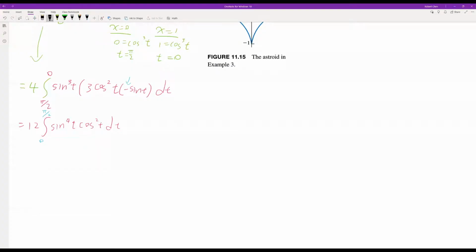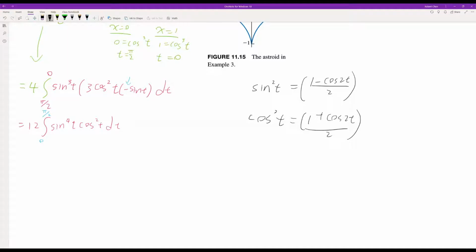So the double angle formulas we're going to use are: sine square is equal to 1 minus cosine 2t over 2, and cosine square is 1 plus cosine 2t over 2.